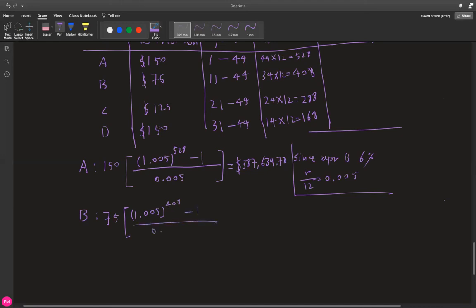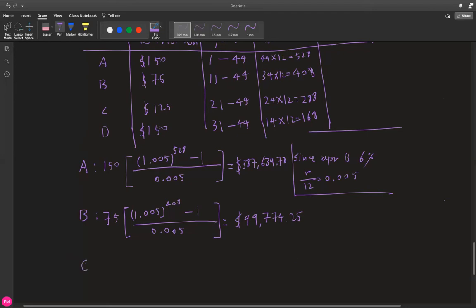And you divide it by 0.005 to receive $99,774.25. So this means just the plan B, adding $75 for 34 years, would yield this much.